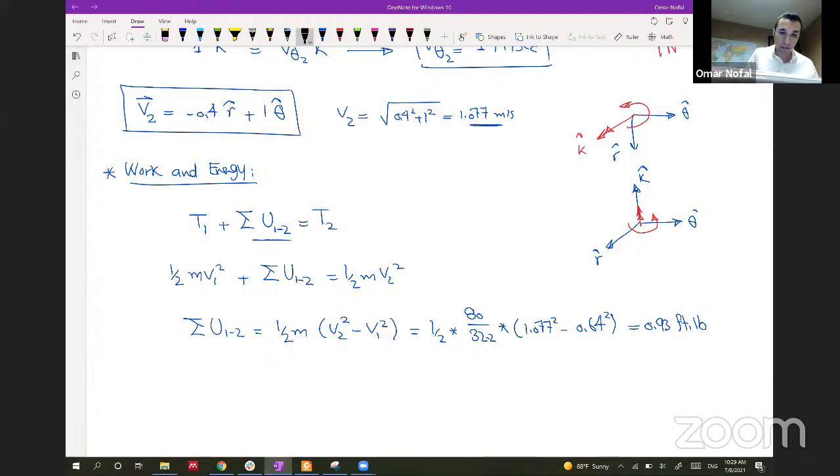But we can write chapter 16 here, and chapter 16 is planar rigid body motion.